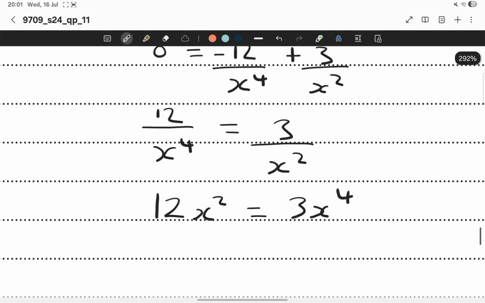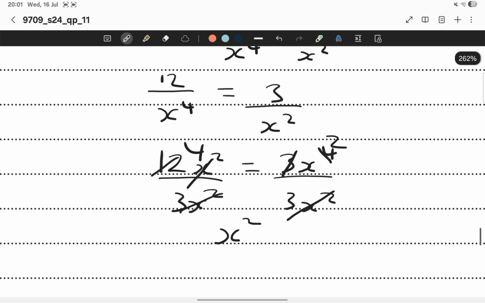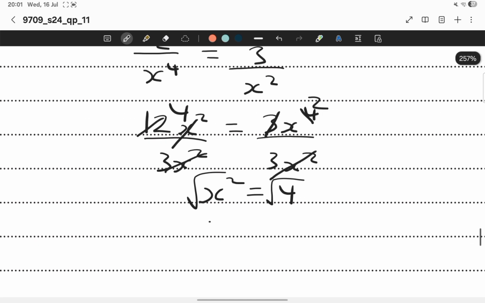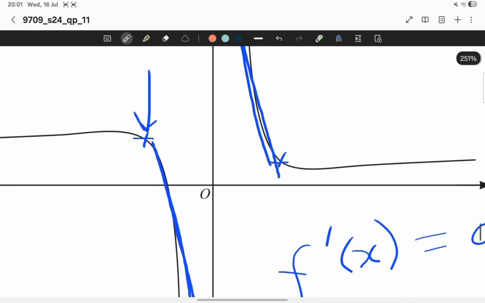Dividing both sides by 3x squared, we get x squared equals 4. Square rooting both sides, x equals plus or minus 2, meaning the x value for the turning point here is 2, and for this part it's minus 2.